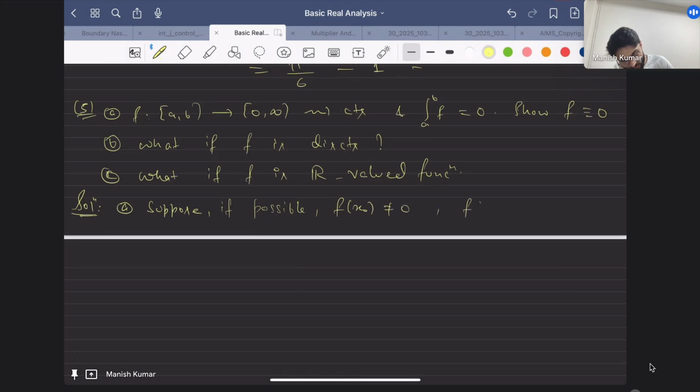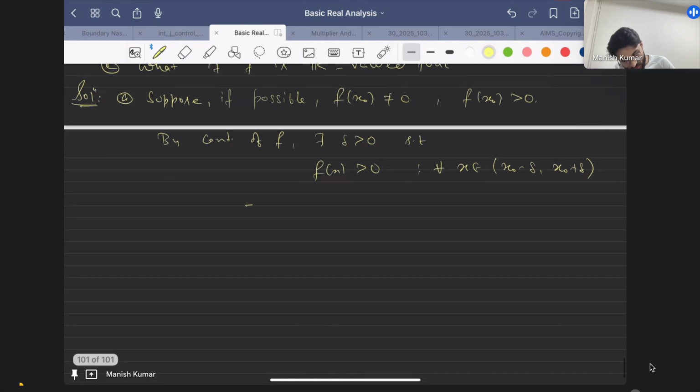So by continuity of f, there exists a neighborhood delta greater than 0 such that f of x is greater than 0 for all x belonging to x naught minus delta to x naught plus delta, and this will tell you that the integral of f from x naught minus delta to x naught plus delta is greater than 0.